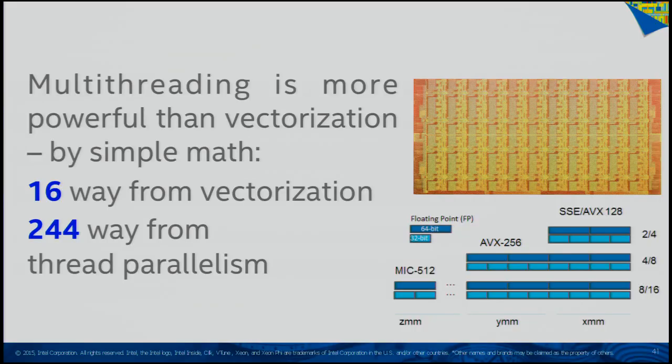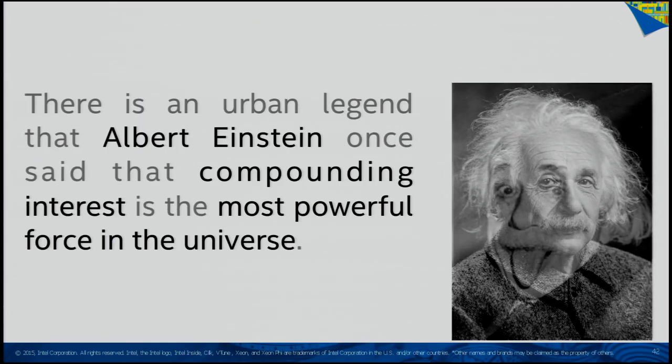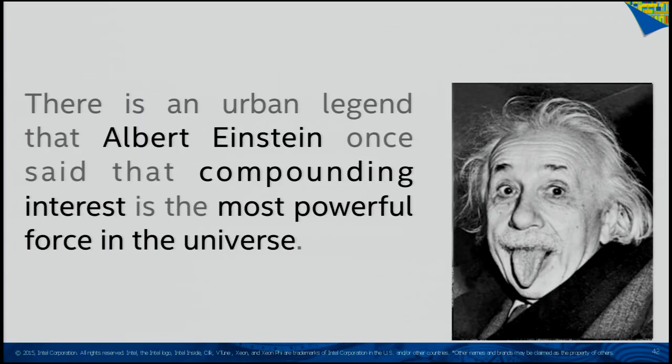Use a Xeon Phi. 16 wide parallelism if you use our vector instructions for single precision, but up to 244 way parallelism if you use all the hardware threads, which is 4 threads per core, 61 cores. So again, parallelism seems to offer more. Now, tongue-in-cheek a little, there's an urban legend that Einstein once said that the most powerful force in the universe is compound interest. So here's my example of compound interest.